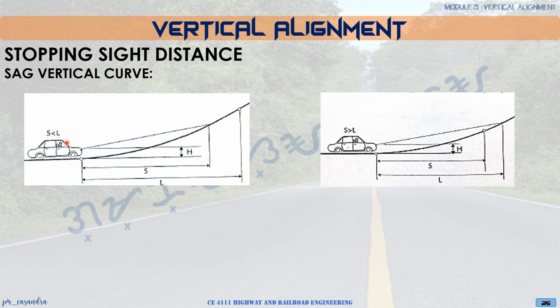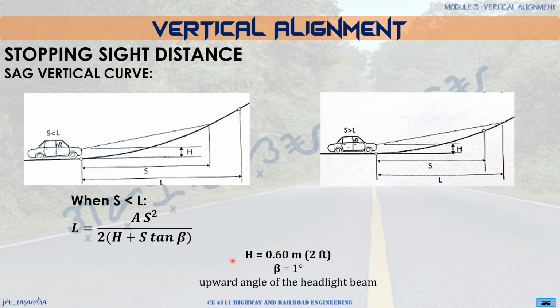We have when the sight distance is less than L and the sight distance is greater than L. So in here, for the first case, S being lesser than L, we'll have the equation A times S squared divided by 2 times the quantity H plus S tangent of beta. And take note that for H, that will now be equivalent to 0.6 meters or 2 feet, which is the height of the headlights. So this is the average height of headlights of vehicles.